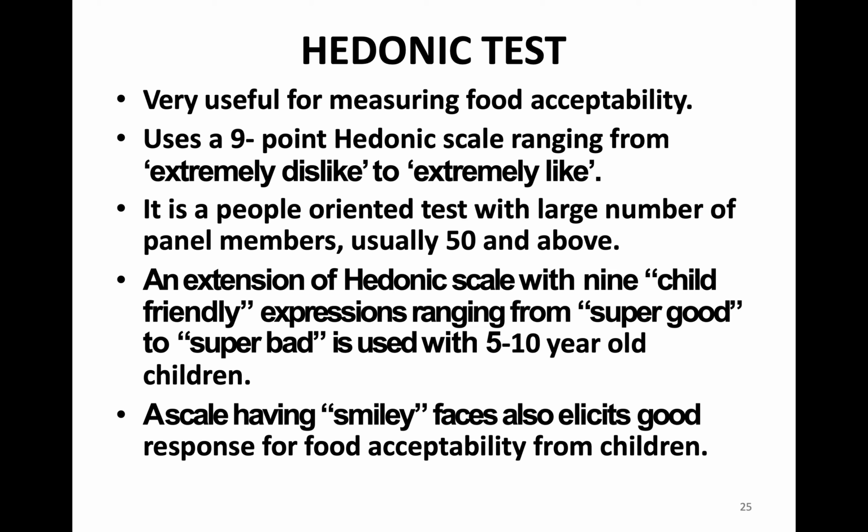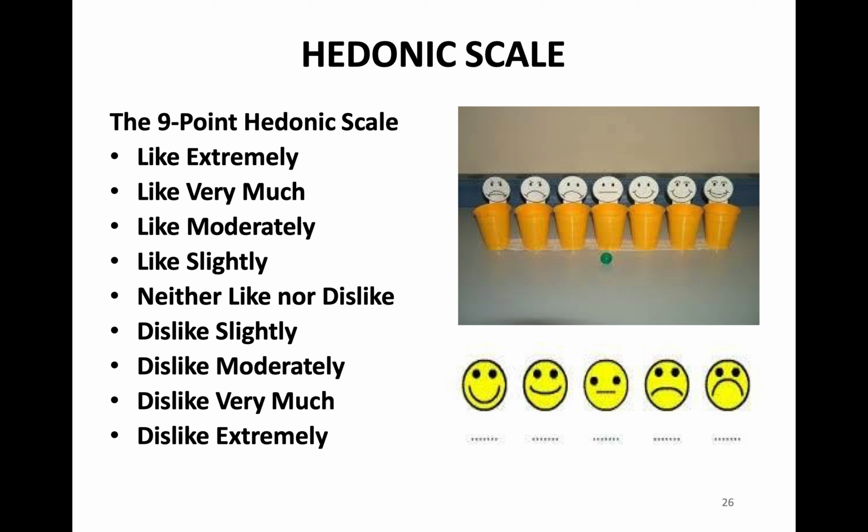A scale having smiley faces also elicits a good response for food acceptability from children. I have some examples of hedonic scales starting from like extremely to dislike extremely. Another smiley face scale starting from a happy face to a sad face.